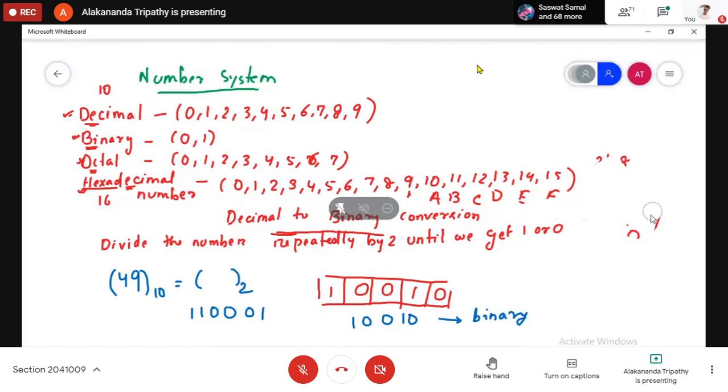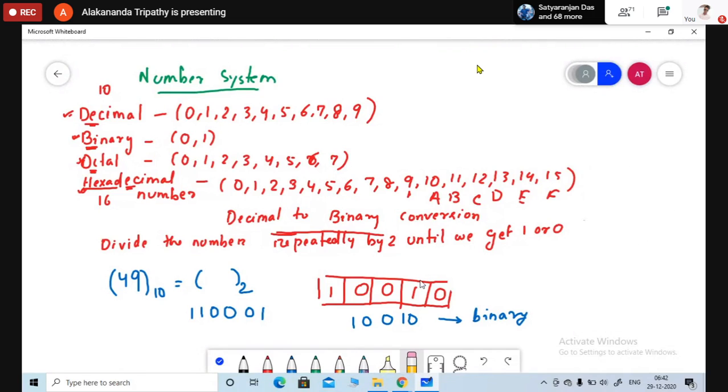Otherwise you will find it difficult while we are going to do the bitwise operator. All of you clear with this point? Those who have doubt, raise your hand.